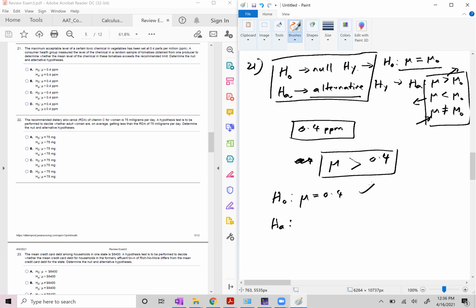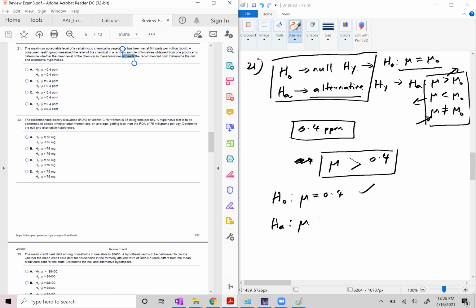So that's it, right? Now, what is the alternative? Alternative is the one that this food company is testing. That means they want to test whether the health group measures the level of chemicals in the random sample of tomatoes obtained from one producer to determine whether the mean level, that's why we use mu, because it's about the mean, mean level of chemicals in these tomatoes exceeds the recommended limit.